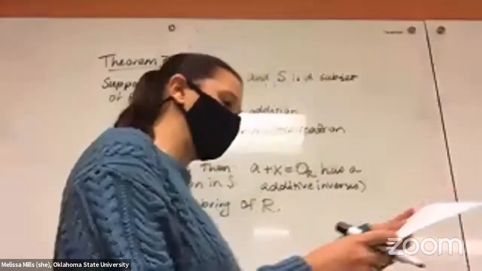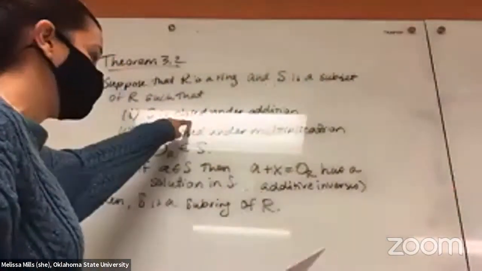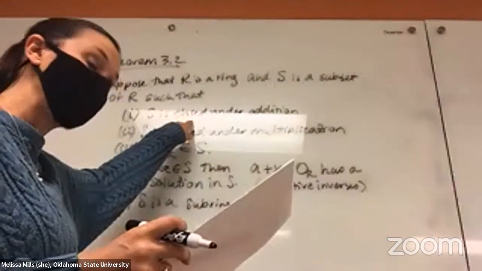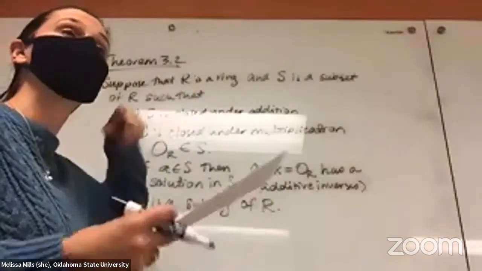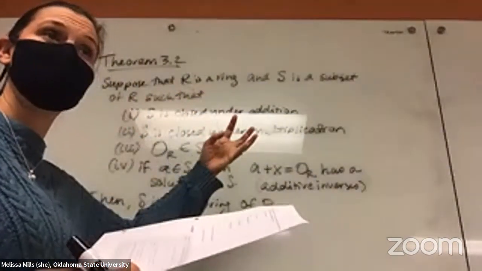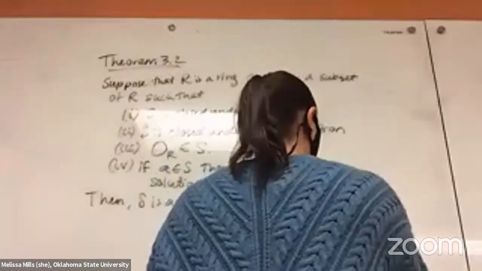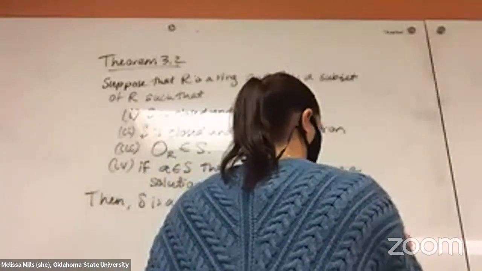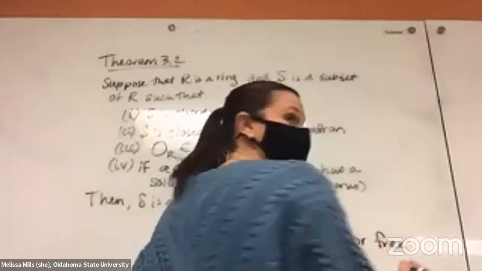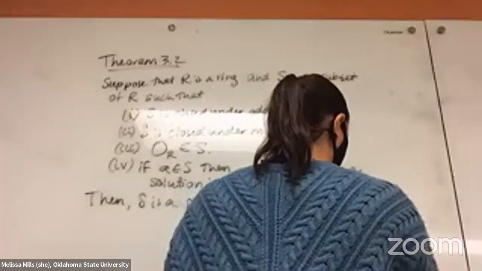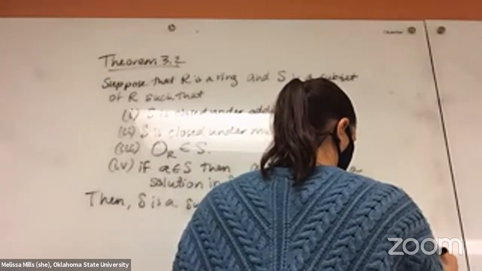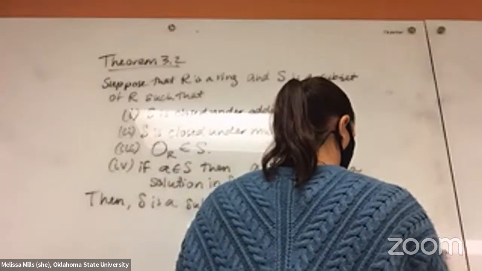You have to have closure for addition, so that's here. Associativity of addition comes for free because S is a subset of R. So let's keep a list of what comes for free because S is a subset. Associativity of addition.